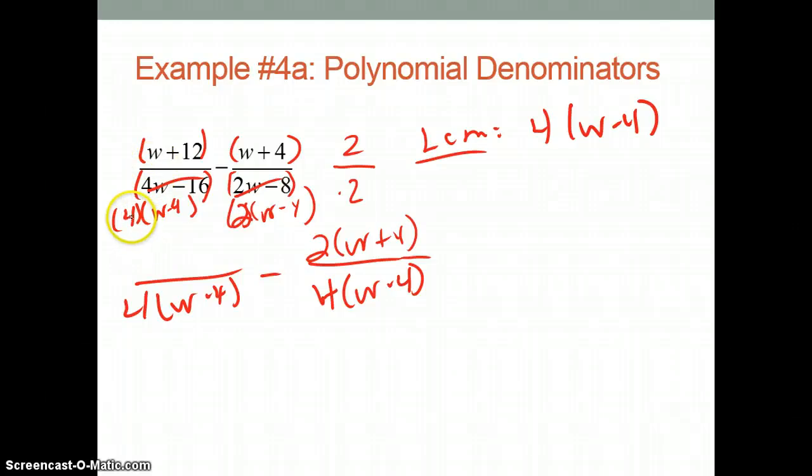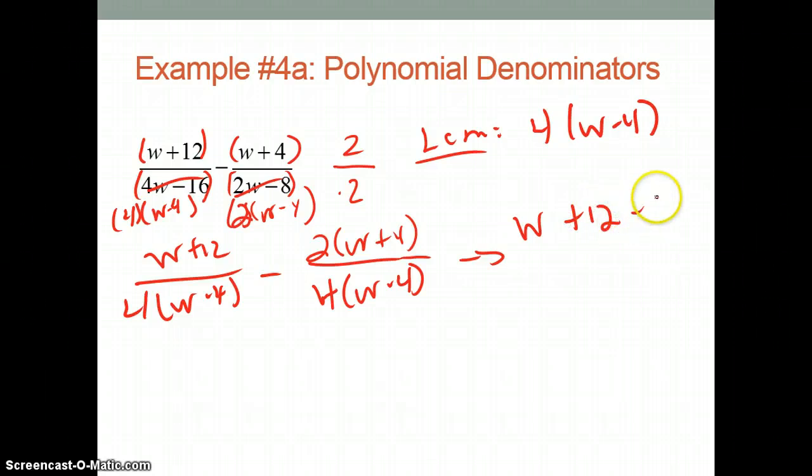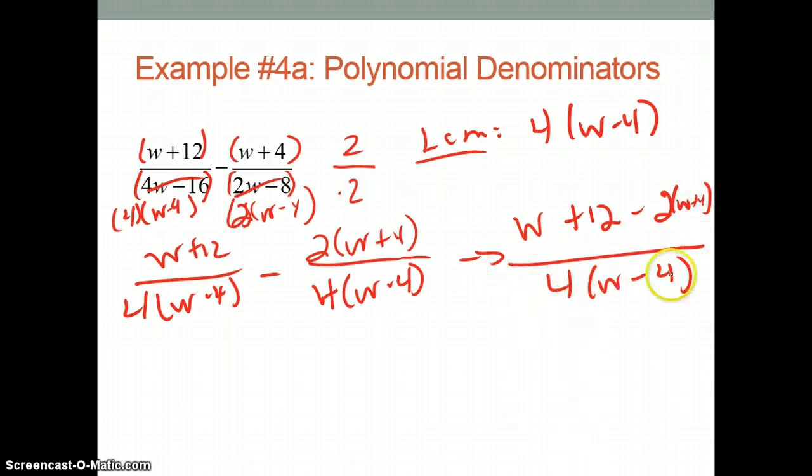On the first one, we have 4 times w minus 4 and 4 times w minus 4. These two are the same, so we don't have to worry about multiplying it by anything to change it. We already have those common denominators. So what we do on the top is we say, this is w plus 12 minus 2 times w plus 4. And our bottom stays the same here.